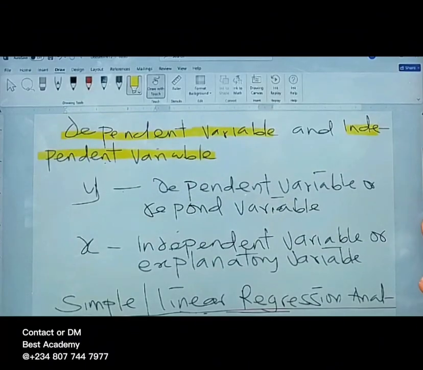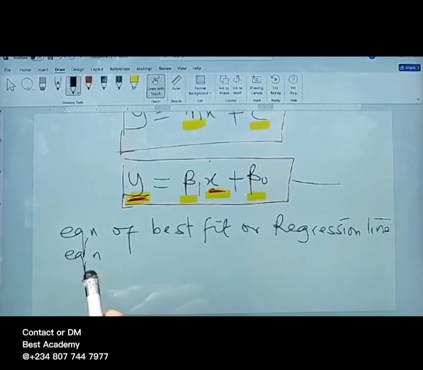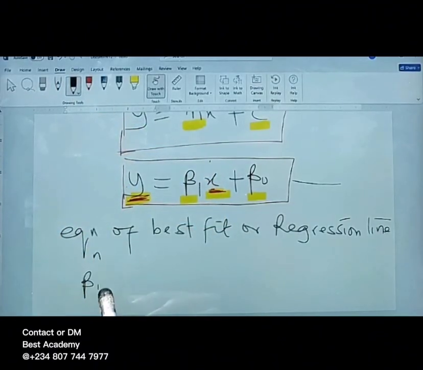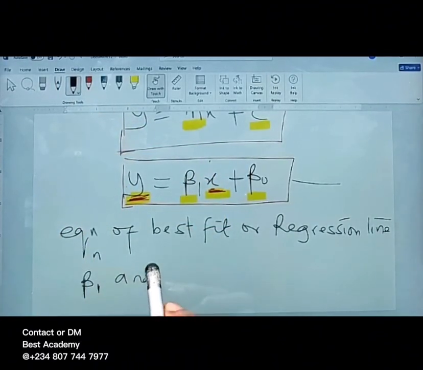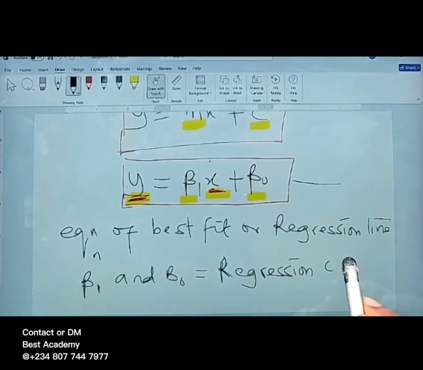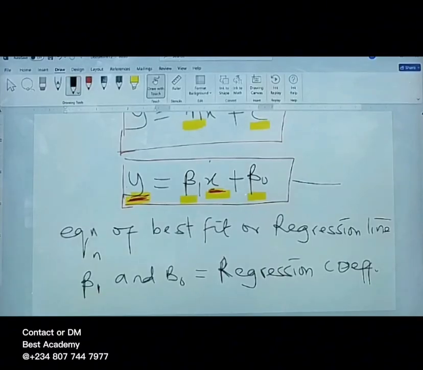Okay, this beta 1 and beta naught is said to be regression coefficients.